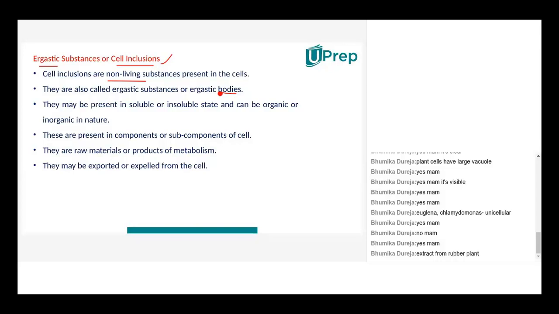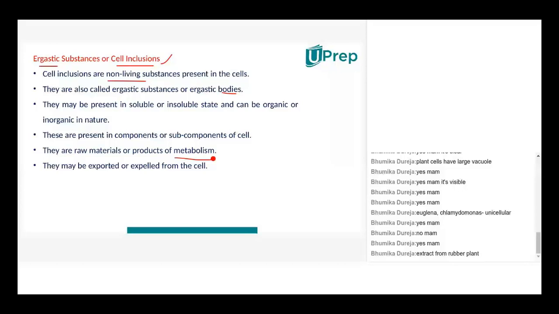What is the importance of them? Why are the non-living materials there? Suppose there is a metabolic process happening inside the cell, for example photosynthesis. Inside the chloroplast, a living cell organelle, photosynthesis happens. At the end of photosynthesis, some products will be released. Not all of those products are useful to the cell. Some products are waste material to the cell.